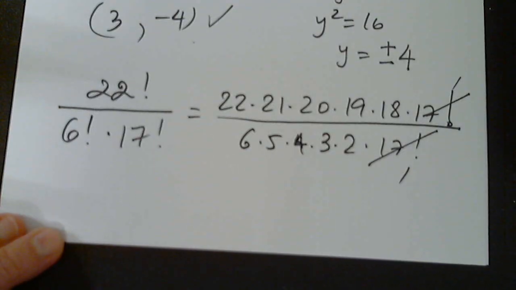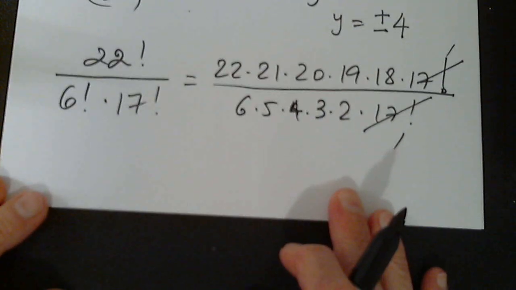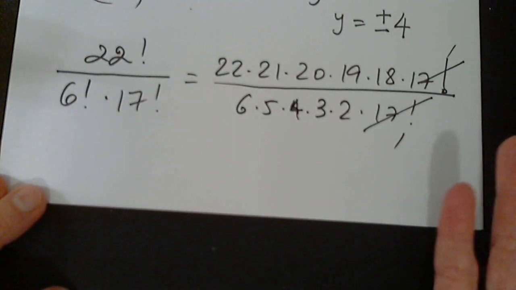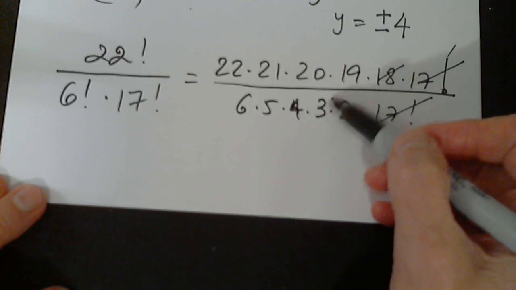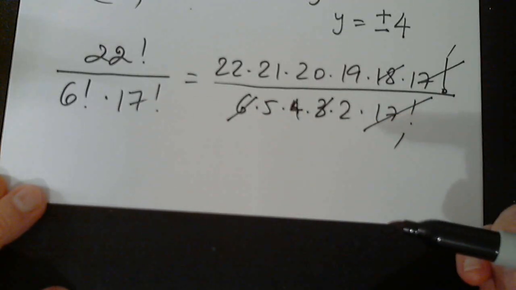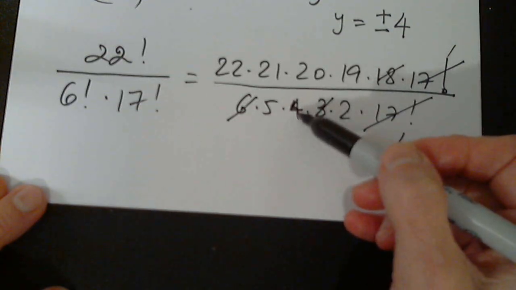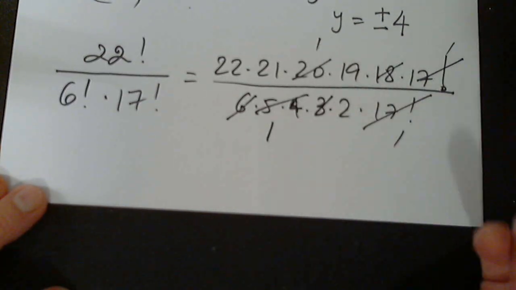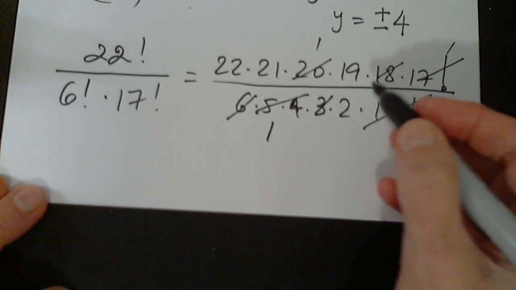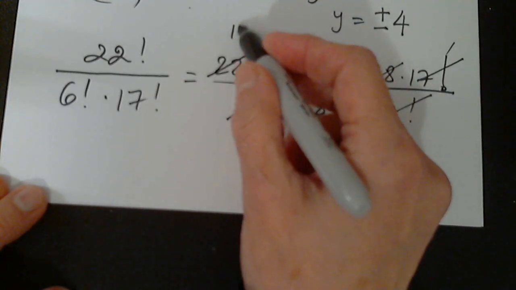I'm simplifying factors. Here's an 18, which is a 6 times 3. Here is a 5 times 4, which is 20. And I have a 2, and I get 11.